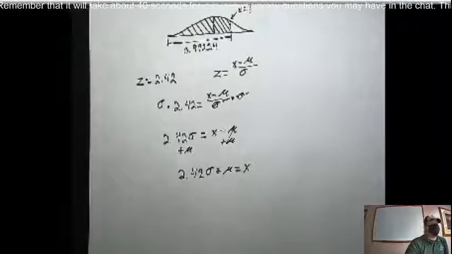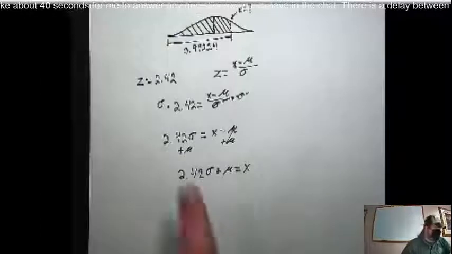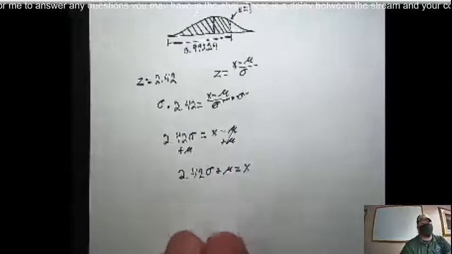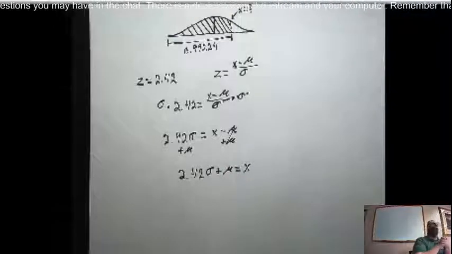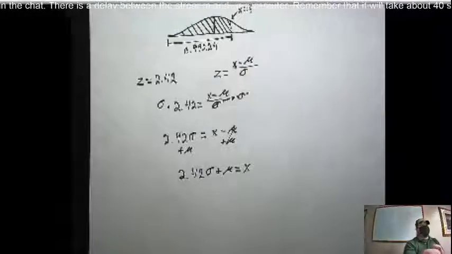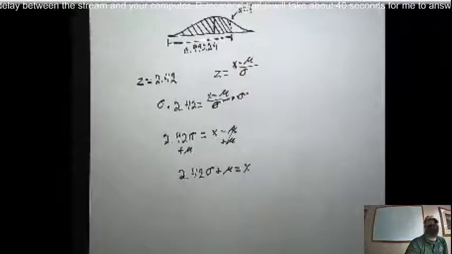And there's our solution for x. Again, we don't know a value for it unless we know sigma and mu, so our standard deviation and our mean. But we can still get a formula that would represent it, so that if we find our standard deviation and mu, we can plug them in and get our x. Make sense?